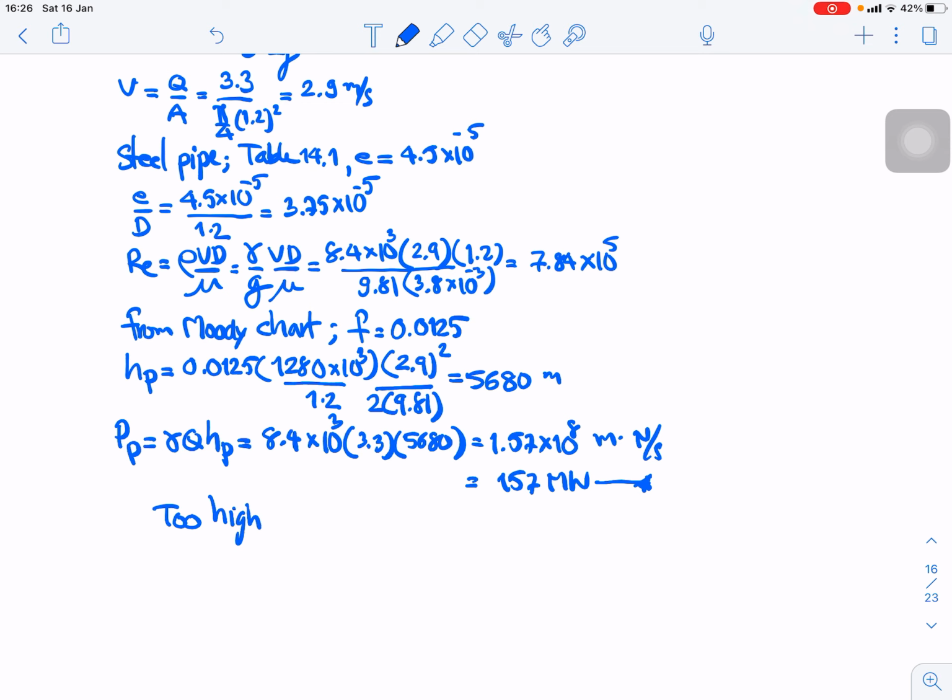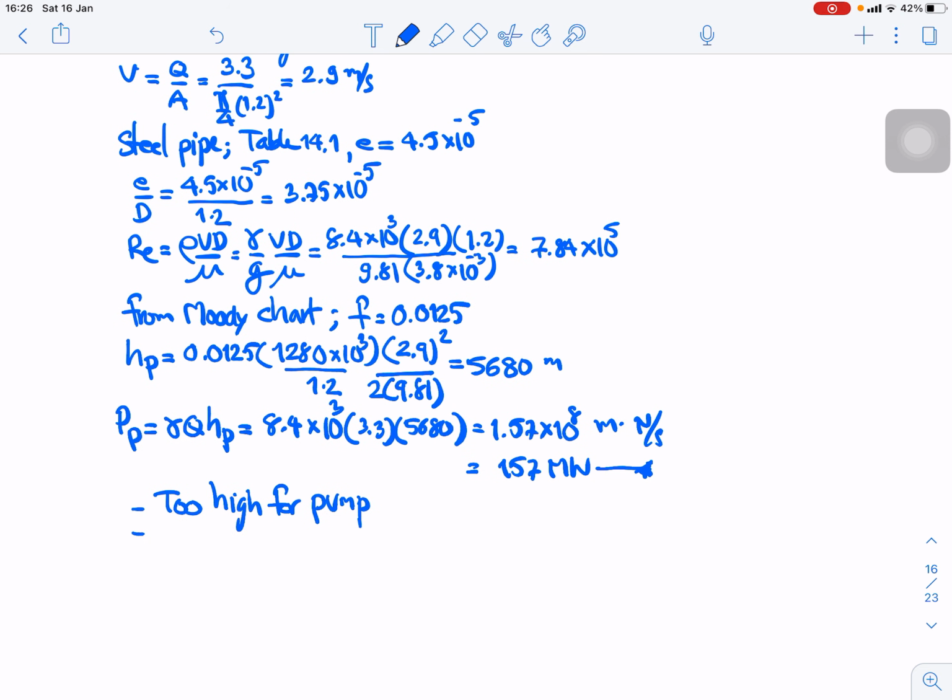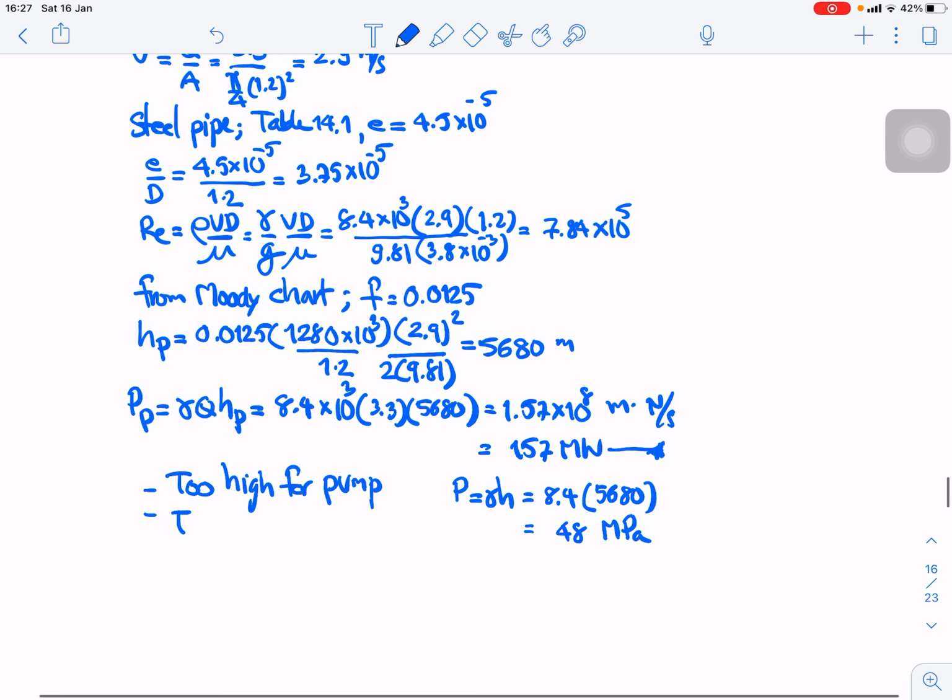How can we find such a big pump like this? And the pressure is too high as well. The pressure is about 48 megapascals.